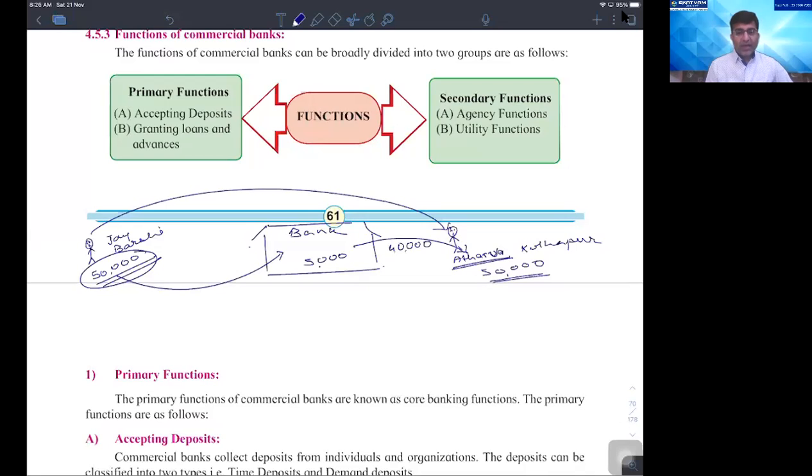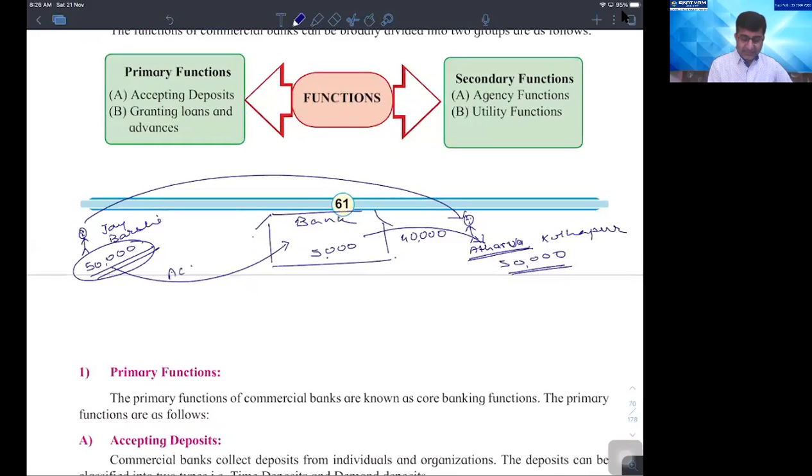So this is why it becomes the primary function for the banking industry, that is acceptance of deposits and providing loans, lending money.